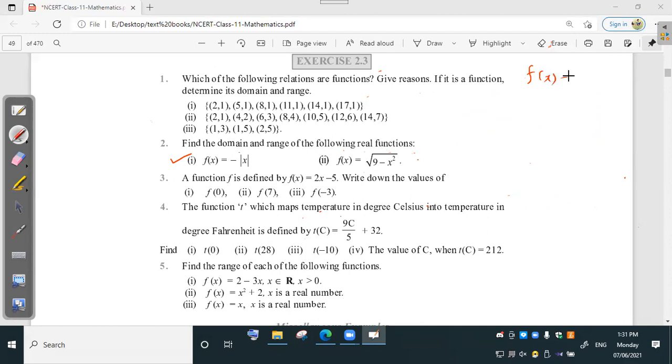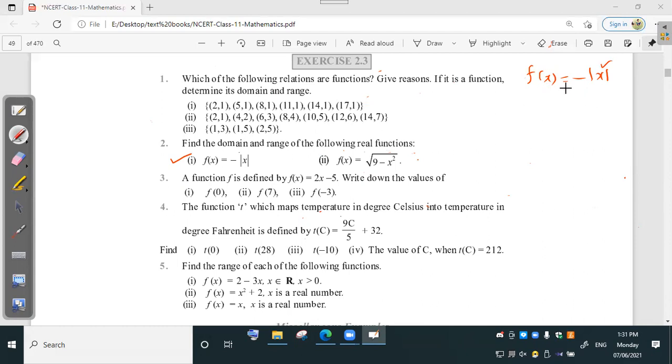So f(x) is equal to minus mod of x. Whatever you put, on the right hand side you will get negative numbers, correct? If you analyze it, you can see that whatever you put, you will get all negative numbers on the right hand side. So the domain will be any real number.